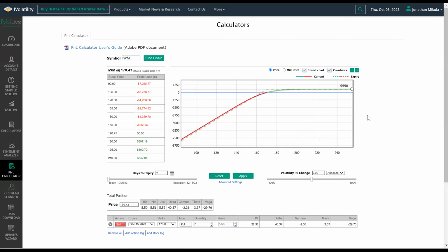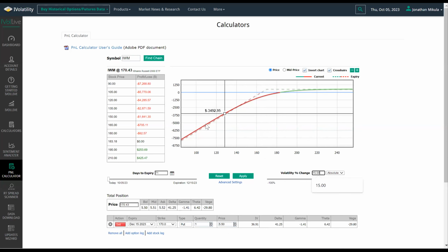What's also neat is that you could play around with this, because you could say, hey, if I put on this trade, it's great that I'm going to earn this income up front, and it's great that there's only a 46% chance I'll get put based on the probability calculator, but no options trades ever happen in a vacuum. So what's going to happen when volatility goes up 15%, right? So we saw this IV went from 21 to 36, and this whole P&L calculation will change for you.